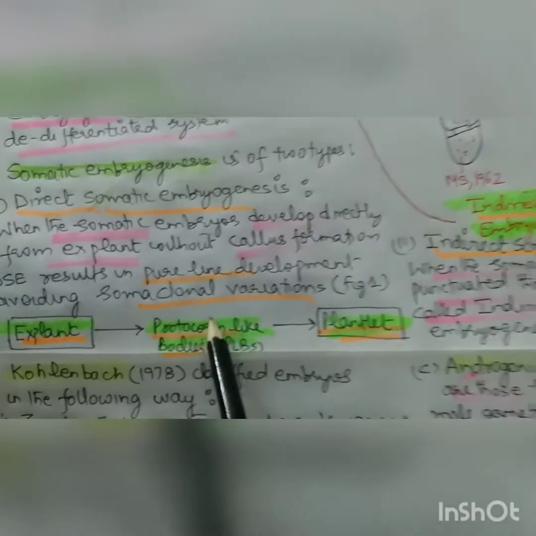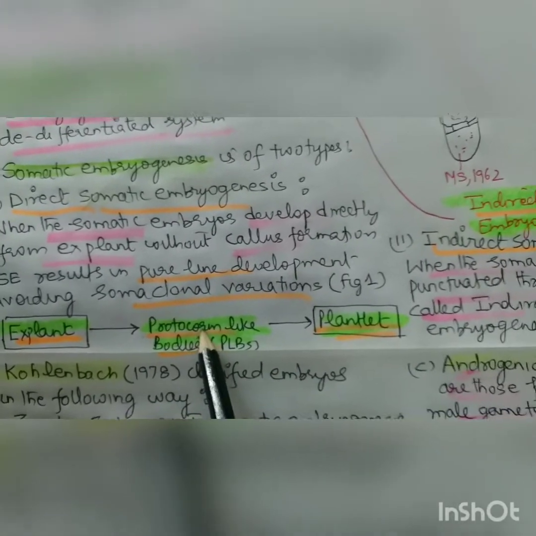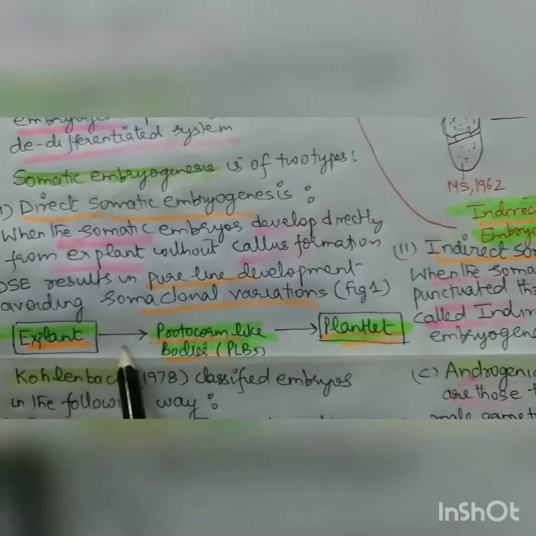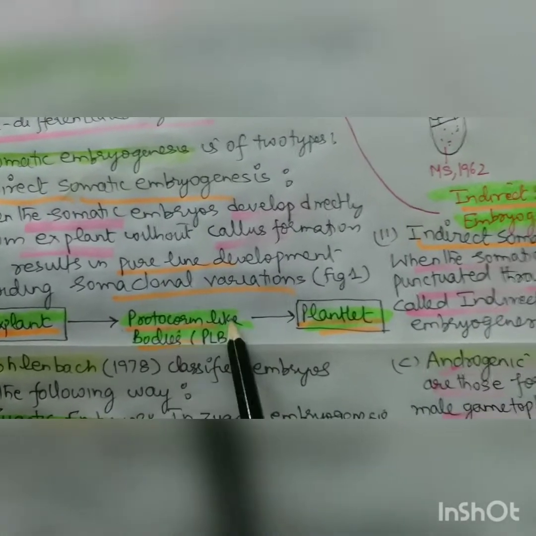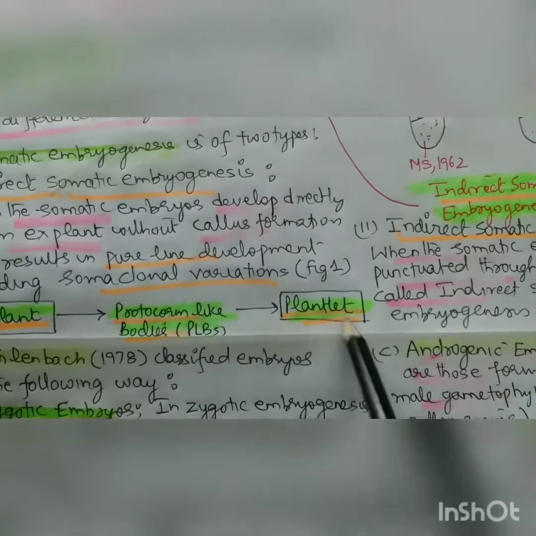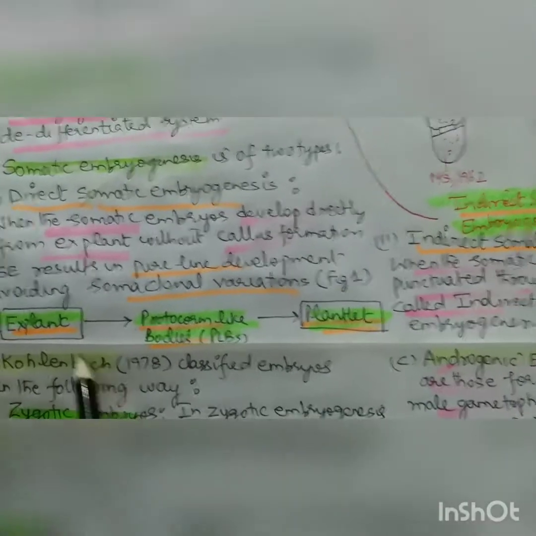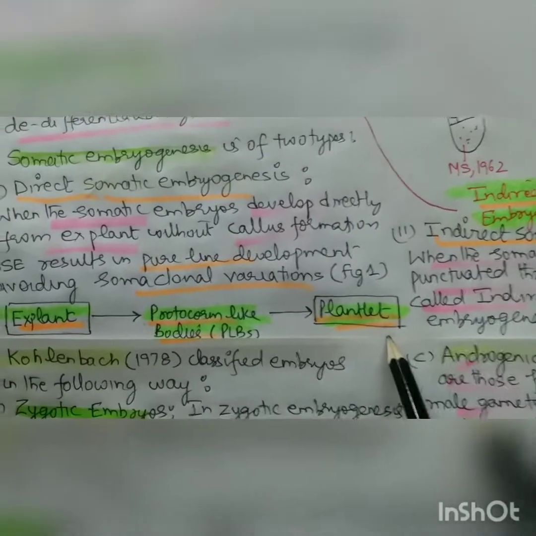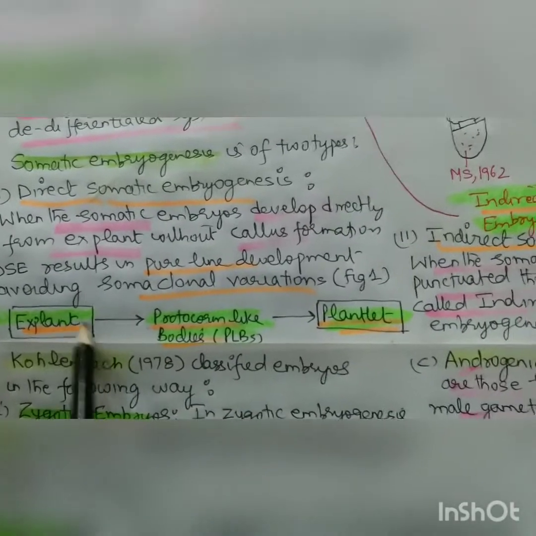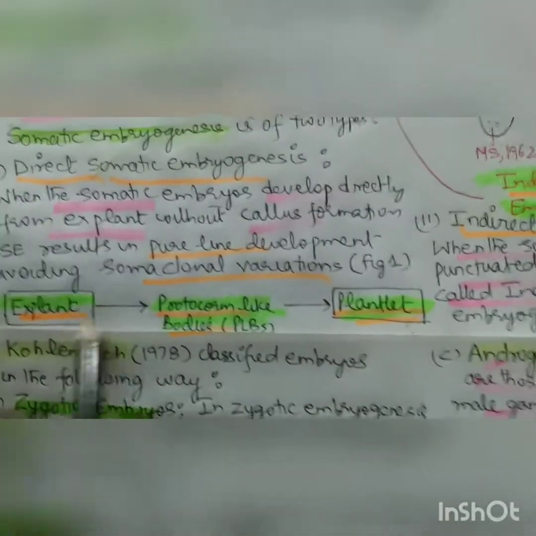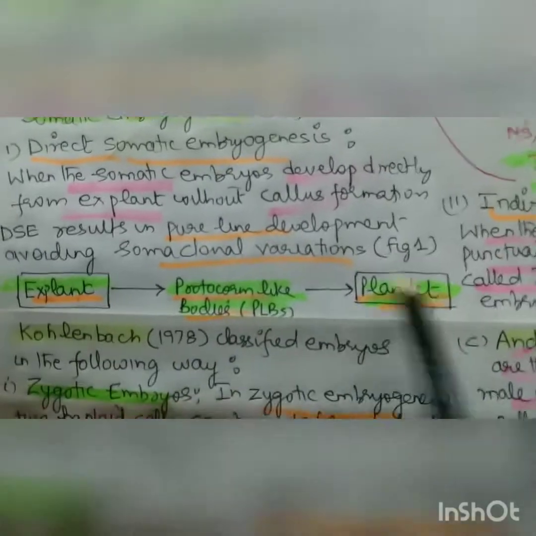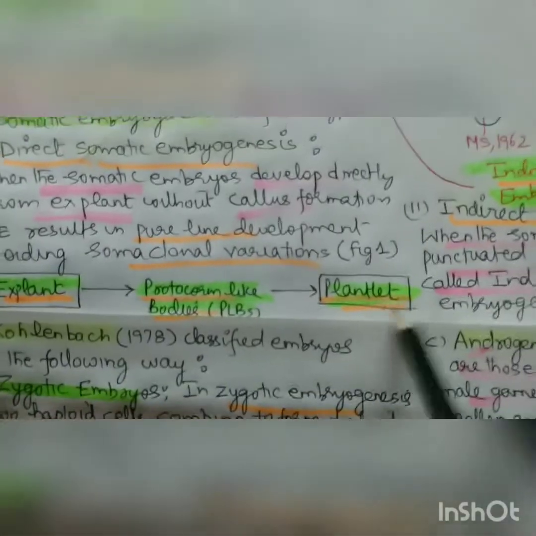From seed it is protocorm, and from other parts, explant, leaf, root, floral organs, stem node, it is protocorm-like bodies, and they form a complete plantlet. Here there is no callus phase and no somaclonal variation, so the plantlets formed have the same genome. That is a pure line, a cell line, we can say a cell clone.